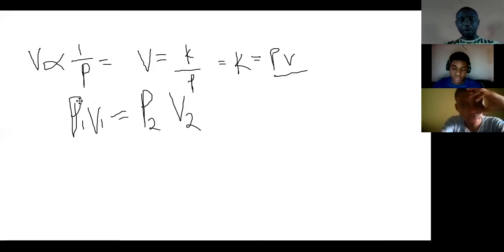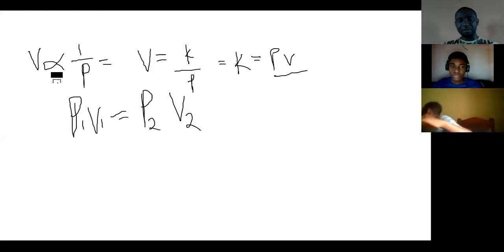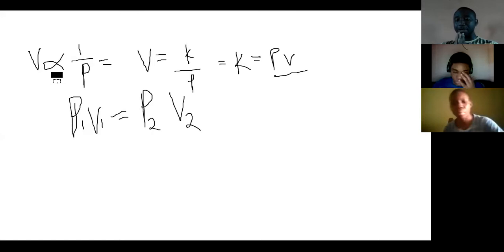So this becomes the formula for Boyle's law. Remember, once volume increases, pressure decreases. That's the essence of this. What do you call it? Inverse proportionality. That is Boyle's law.